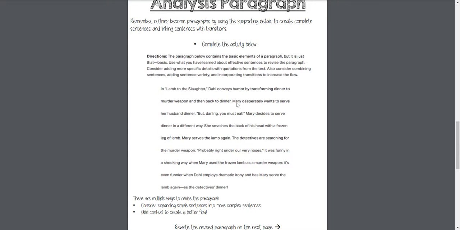Again, tell me where this happens. Mary desperately wants to serve her husband dinner at the beginning of the story. And then where it says, but darling, you must eat, you can say something akin to, Mary pleads with her husband, comma, but darling, you must eat. So those are 2 ways to help to provide a little bit more context and background information to this paragraph.